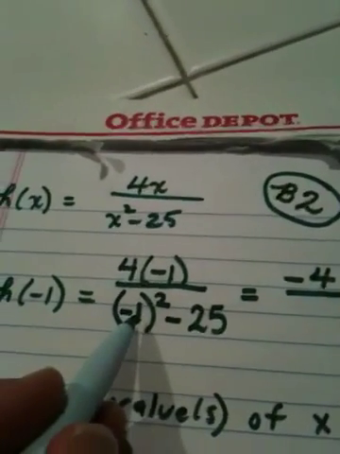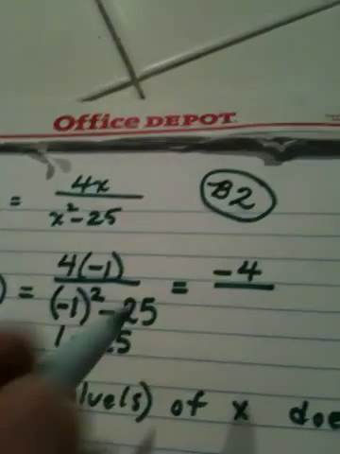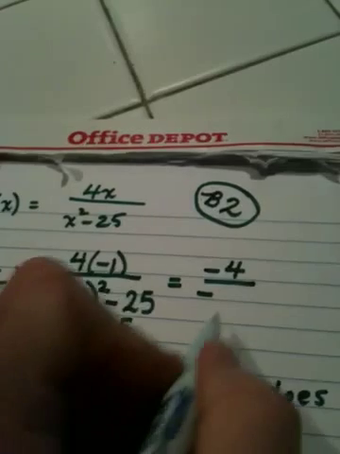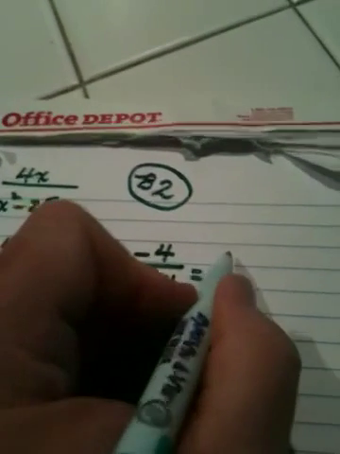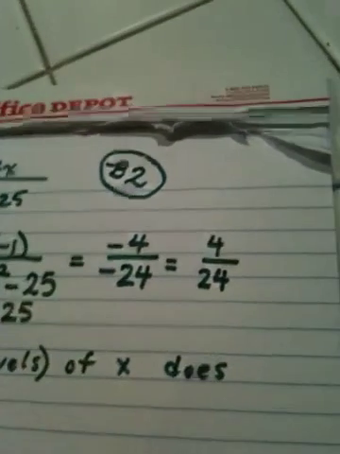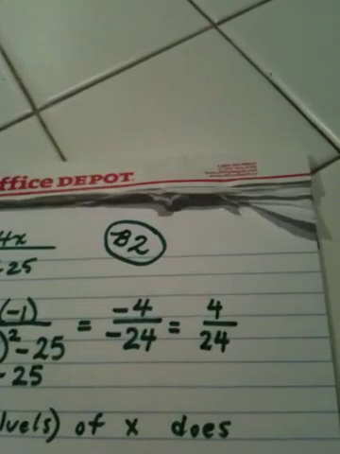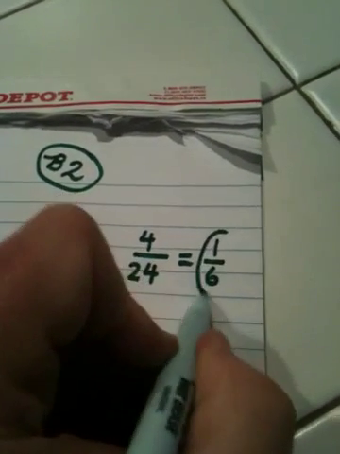And in the denominator, we have 1 minus 25, which is a negative 24. Negative over negative is a positive. And when I reduce this to lowest terms, I believe I come out with the answer 1 over 6.